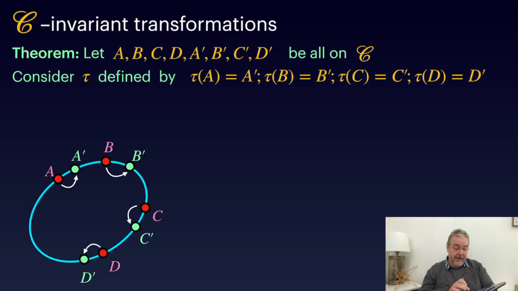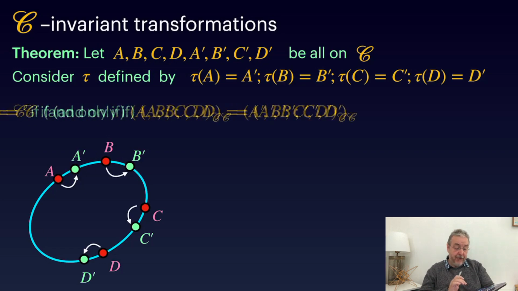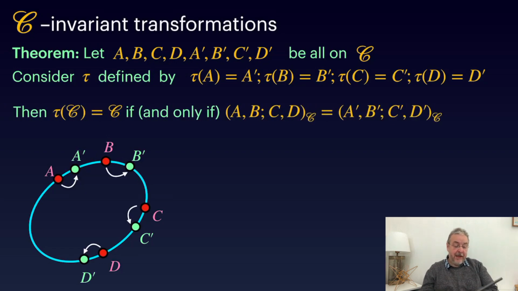So now the question is, when does this projective transformation map our conic to itself? And it turns out that it maps the conic to itself if and only if the cross ratio of the points before the transformation is exactly the same as the cross ratio after the transformation.